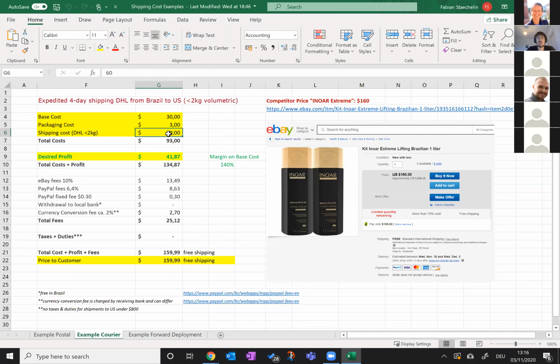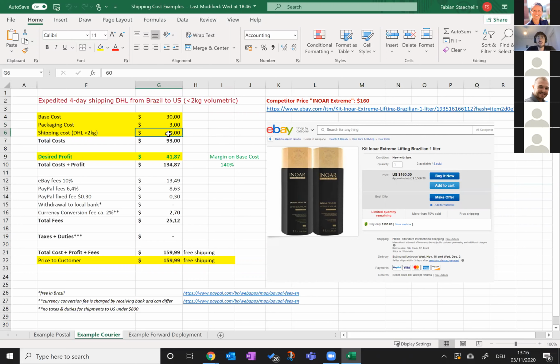A couple more points around shipping. Just to be clear, and all of you who have shipped internationally will know that, the shipping rates that you see are not the shipping rates that you pay. So in this case, let's assume we ship a 2-kilo item to the United States, which is zone 1 here.